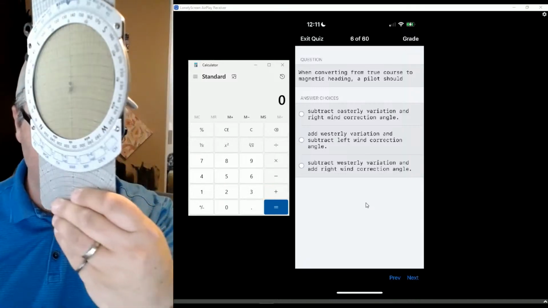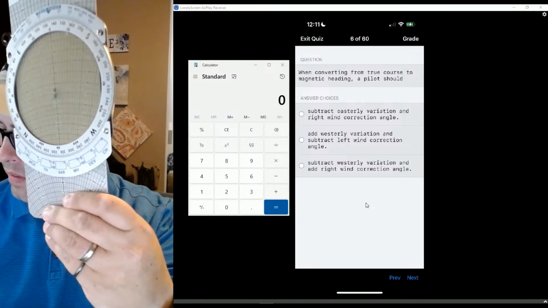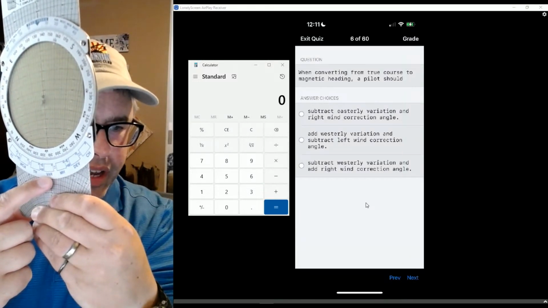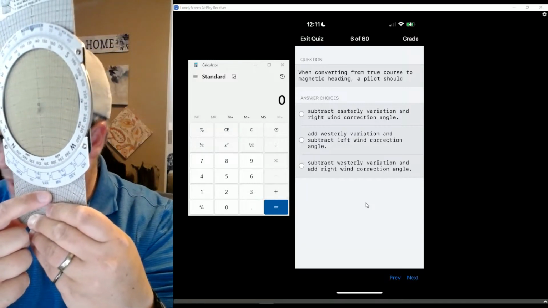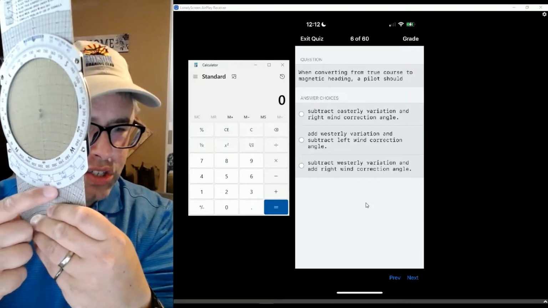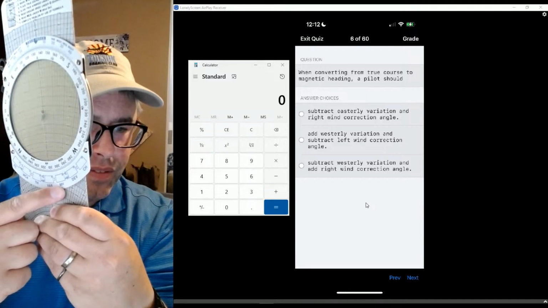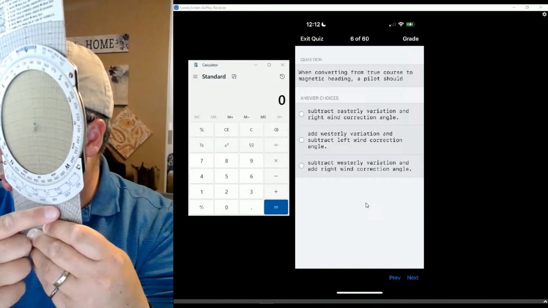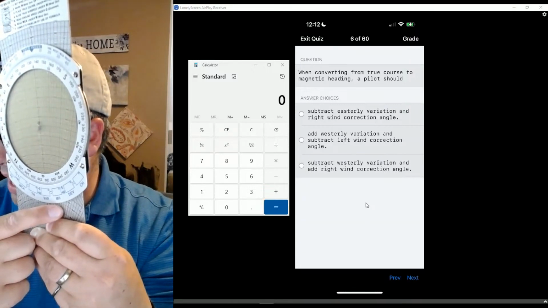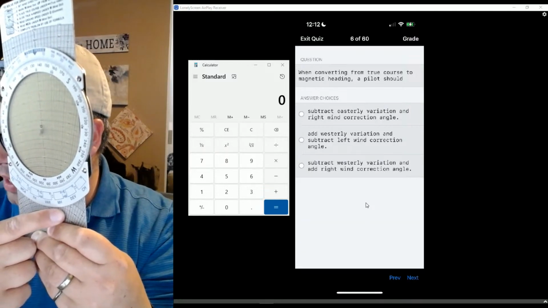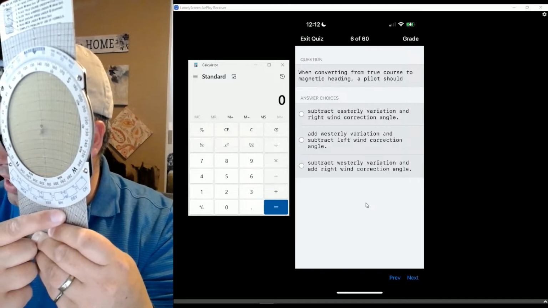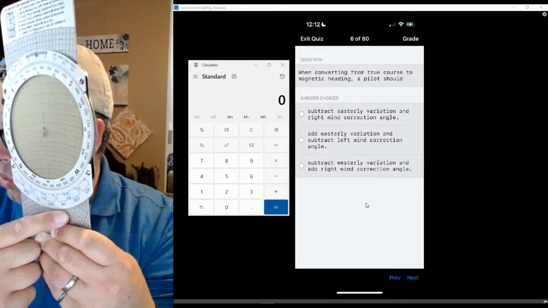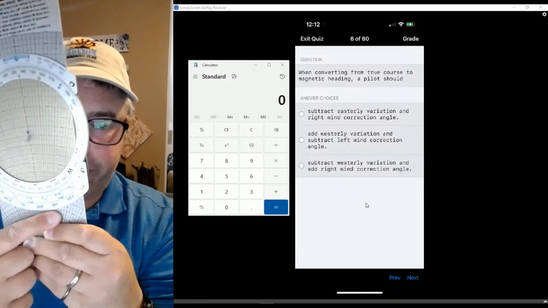The question is, when converting from true course to magnetic heading, MH, a pilot should always do you subtract or add? Subtract easterly variation and right wind correction angle, add easterly variation and subtract wind correction, or subtract westerly variation and add wind correction angles. Don't try to remember the formulas.